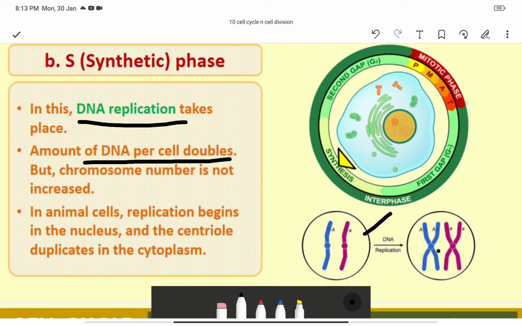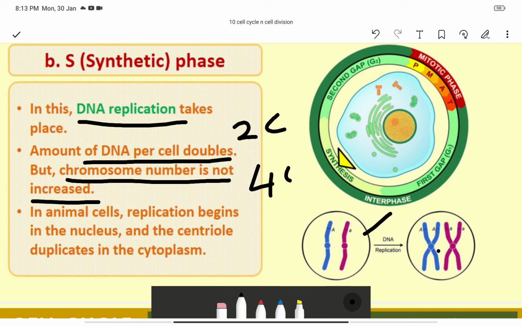But the chromosome number should not increase. For example, 2C of DNA becomes double, meaning 4C, but the chromosome number remains constant. That's very important: chromosome number stays the same, but DNA content doubles.